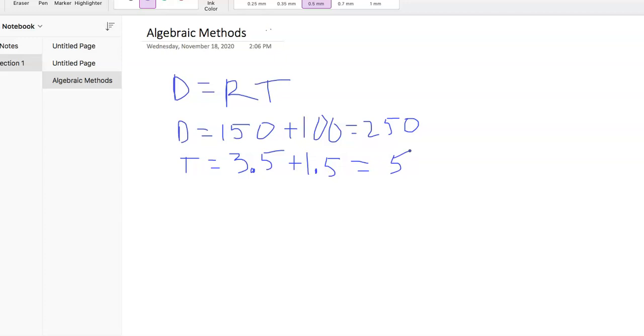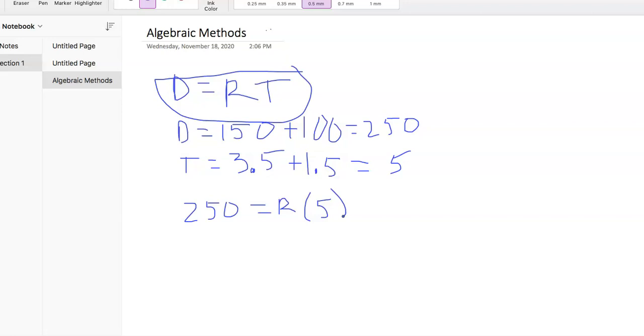Okay, now we have everything we need to set up our equation, right? So we'll go back to distance equals rate times time. Distance is 250, right? Rate, which is the miles per hour that they're looking for, we don't know. Time, total was 5 hours.